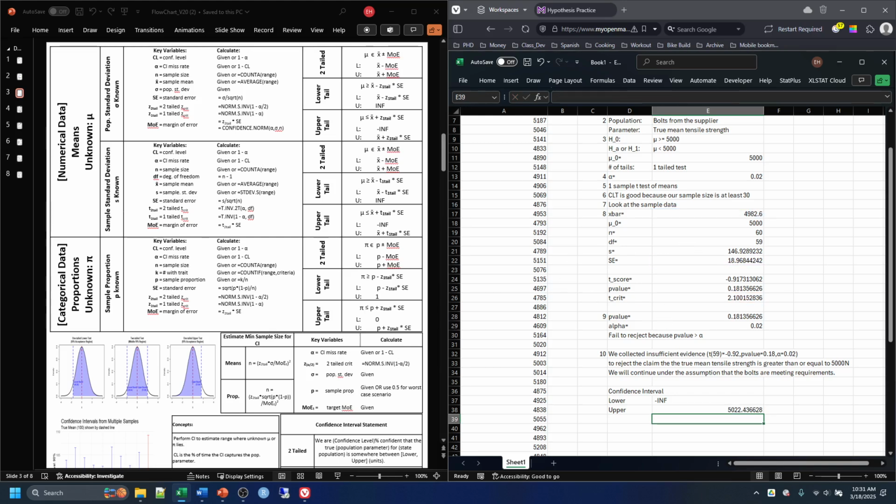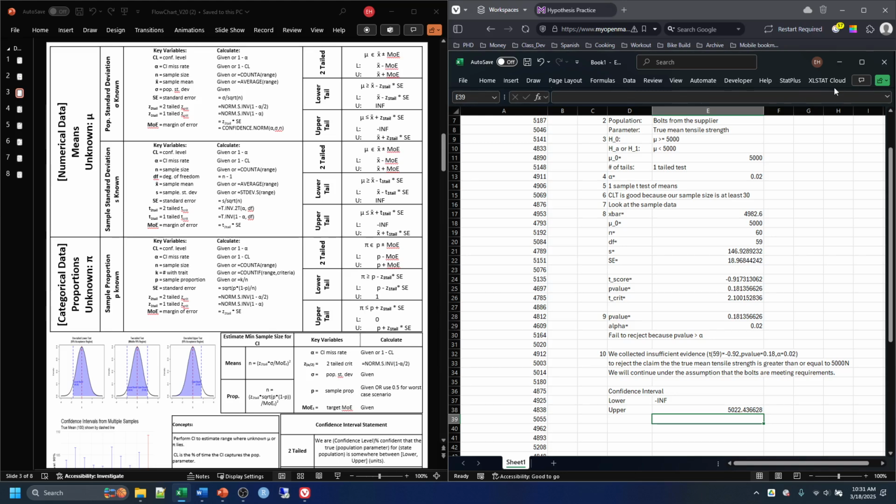And now, since we have an alpha level of 0.02, we are 98% confident that the true mean tensile strength is less than 5,022 newtons. Notice how 5,000 is within that range. And so 5,000 is a plausible value that the population could be. Our data did not show that it was less than that 5,000.